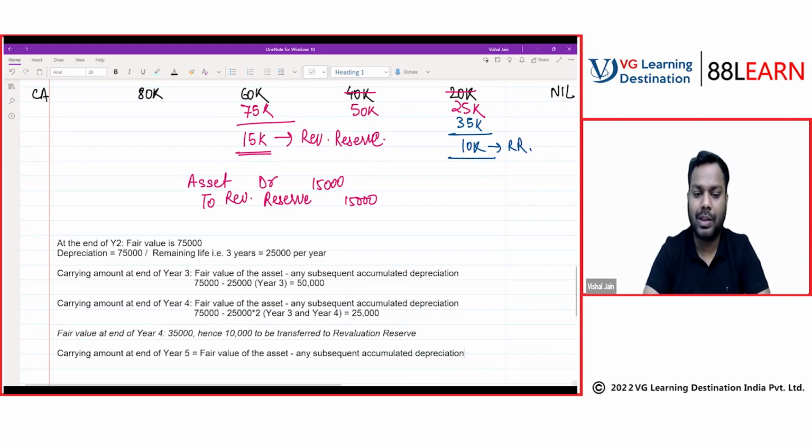Tell me. 35,000. Very good. The fair value is 35,000. And what is the any subsequent depreciation? 35,000 divided by remaining life is 1 year. So this is fully depreciated. 35,000. That is nil. I hope it is clear to everyone now.